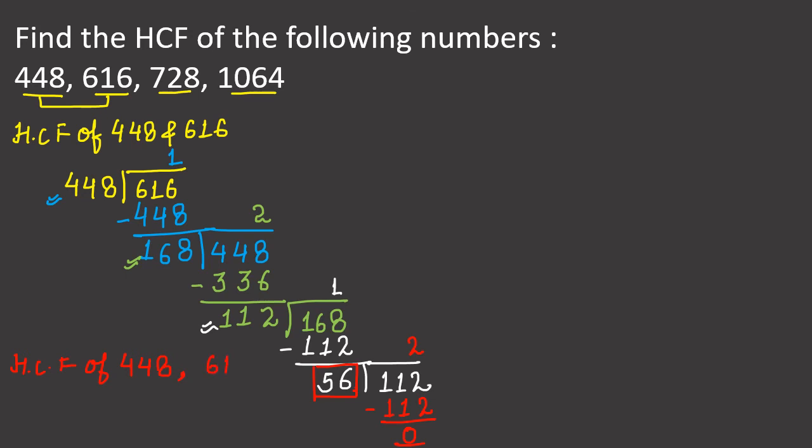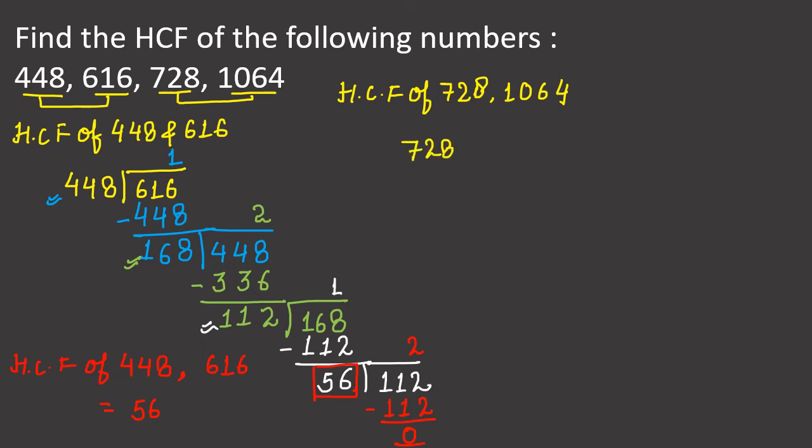Now we will find out HCF of 728 and 1064. So HCF of 728 and 1064. Write 728 as divisor and 1064 as dividend.